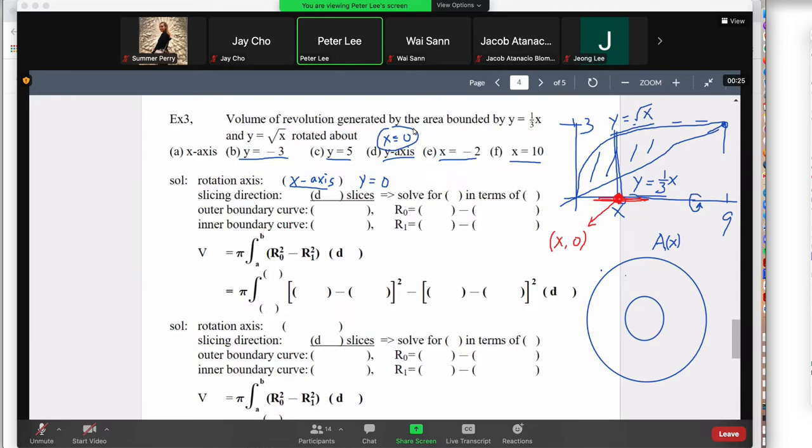The top point right here, the slicing direction is x, at x. It's a cross section at x, therefore the x coordinate is x. And what is the y coordinate? That will be 4. So now we have a segment right there. It's a cross section at x. That segment right there is actually this segment right here.